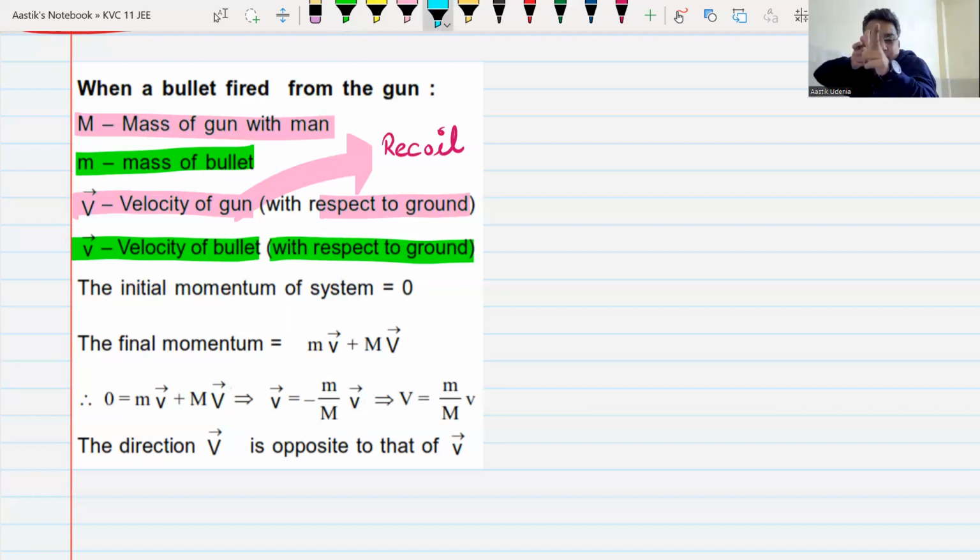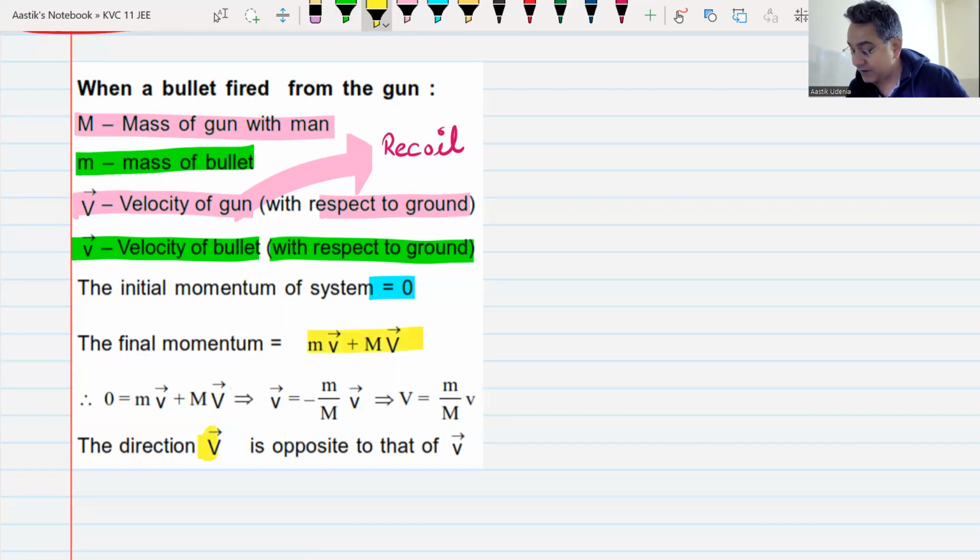Now, when a man is about to fire the gun, the initial momentum of the system is 0. When he fires the gun, he will get a push in the backward direction because the bullet moves with a large momentum in the forward direction. He gets a recoil. Initial momentum of the system is 0. The final momentum of the system should be 0.